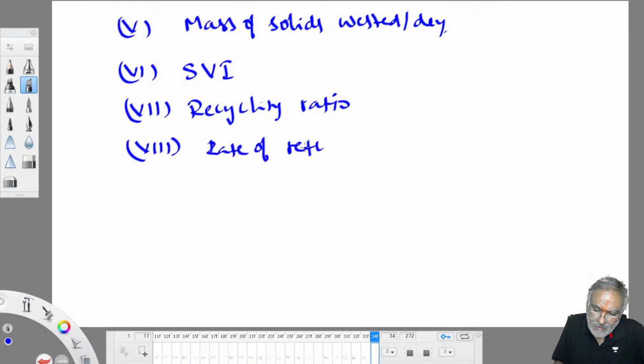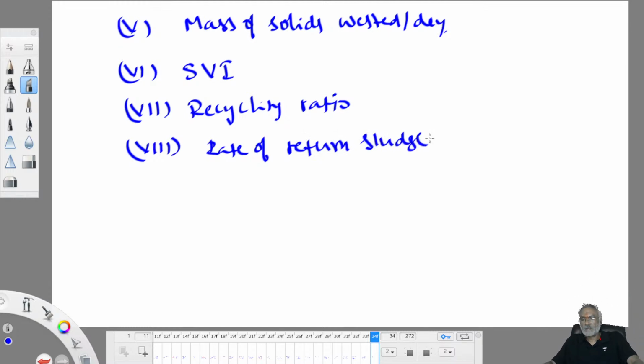Come on, work out. So 8 parameters are there. Rate of return sludge, recycling ratio, sludge volume index, mass of solids wasted per day.